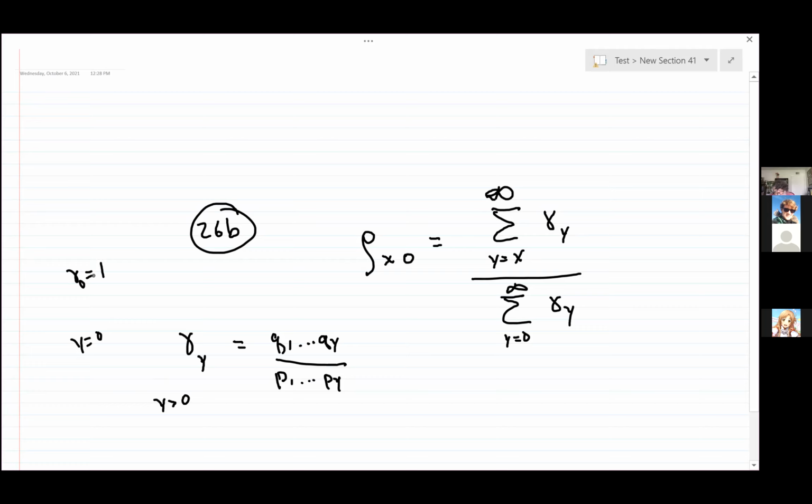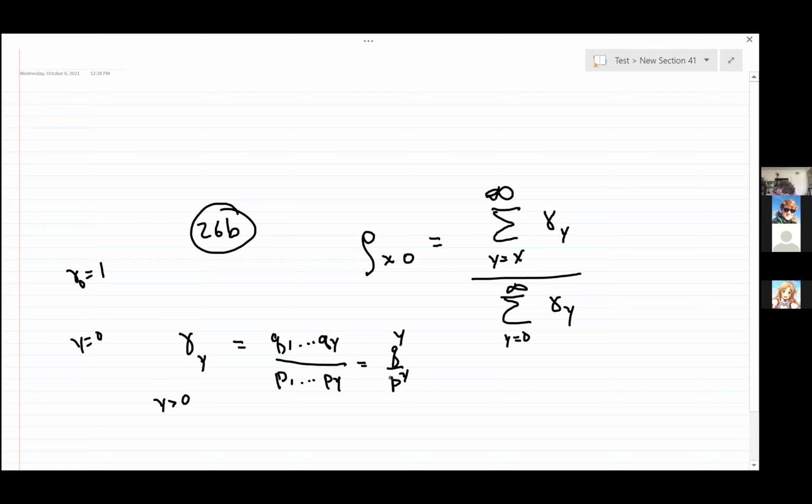Okay, so that's what we know about those. And in problem 27, we've got all the Q's being the same and all the P's being the same. So these look like Q to the y, P to the y.